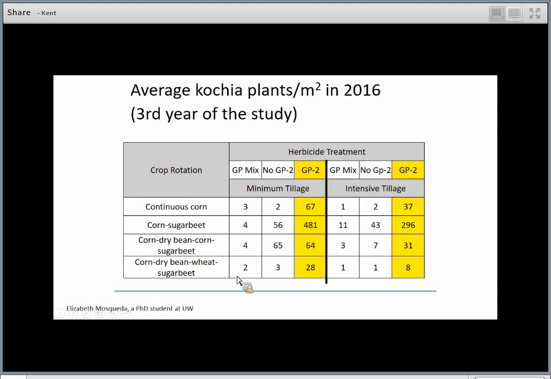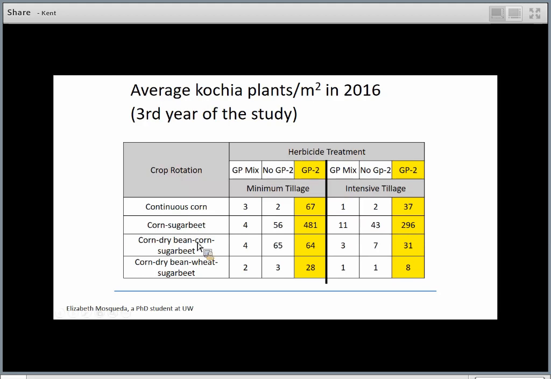As you look at rotation, continuous corn actually has better control than a corn sugar beet rotation, probably because some of the herbicides they're using are fairly good. That might be mostly because sugar beets are not nearly as competitive as corn. Corn grows 7-8 foot tall, takes all the sunlight, and reduces the amount of sunlight getting down to the ground where seedlings start and grow.